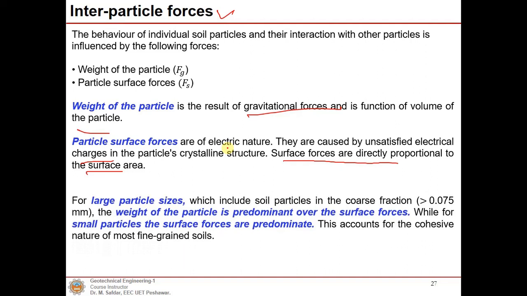Now, for large particle sizes, which include soil particles in the coarse fraction greater than 0.075 millimeter, the weight of the particle is predominant over the surface forces.